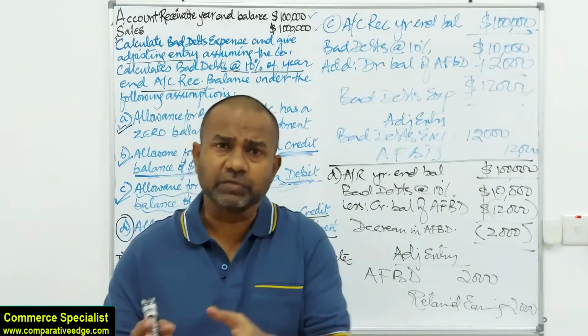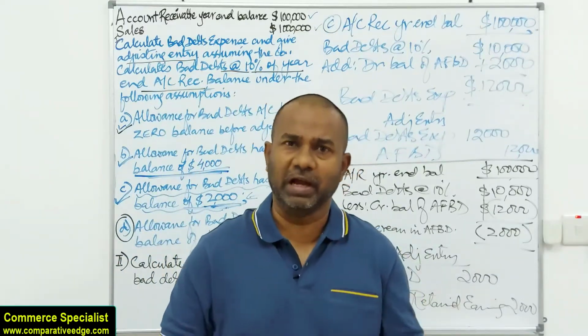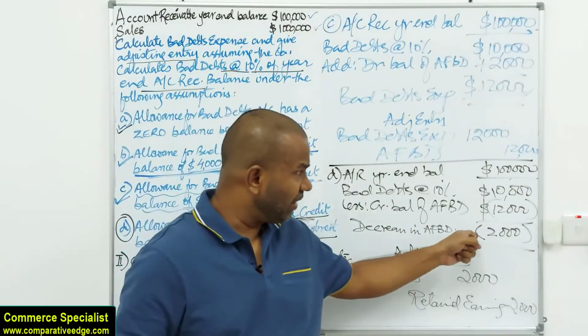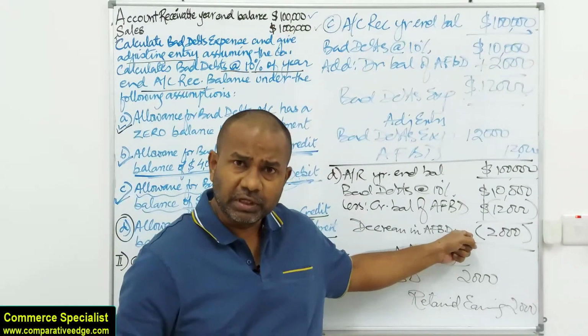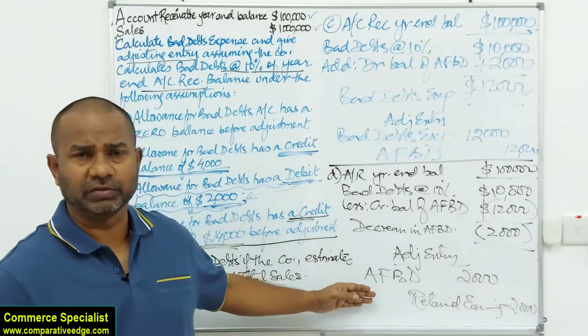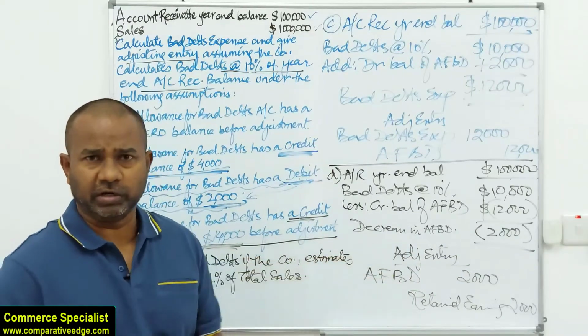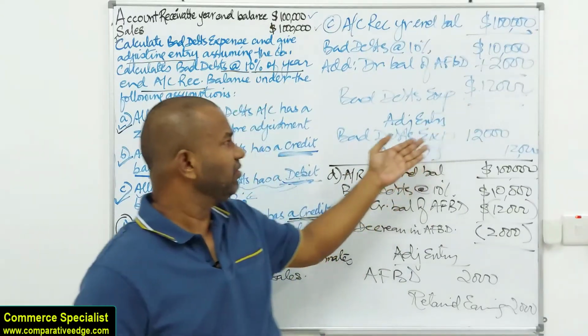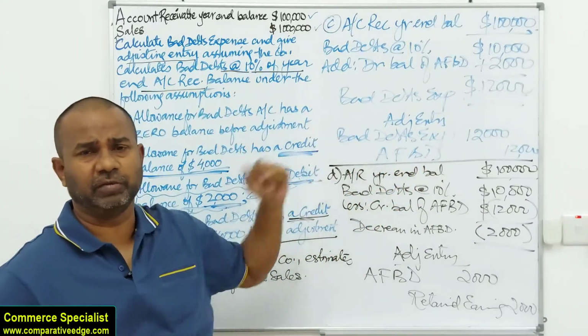If it's a credit balance, we minus. If it's a debit balance, we add. But in any case, after adjusting allowance for bad debts, if we have a negative final amount, the adjusting entry would be like this. We debit allowance and we credit retained earnings. If we have a positive amount after adjusting allowance for bad debts, the entry is pretty simple. Bad debt expense debit, allowance for bad debts credit.